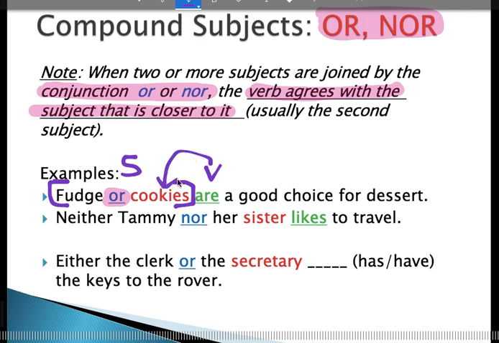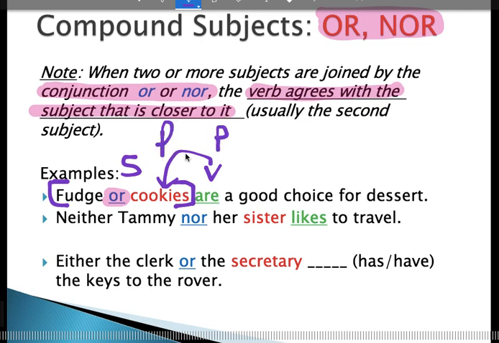The word cookies. So that means that we are totally ignoring this first part. So if our sentence looks like this, it would just say cookies are a good choice for dessert. Cookies has an S, it is plural, which means I need a plural verb, are. You wouldn't say cookies is a good choice for dessert. You can hear out loud that that does not sound correct. So cookies is plural, so we need a plural verb.